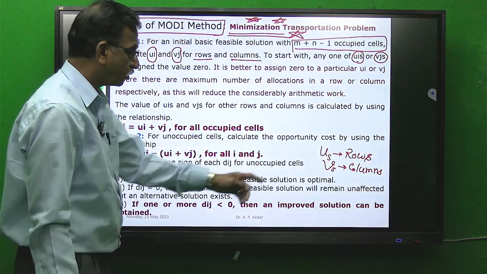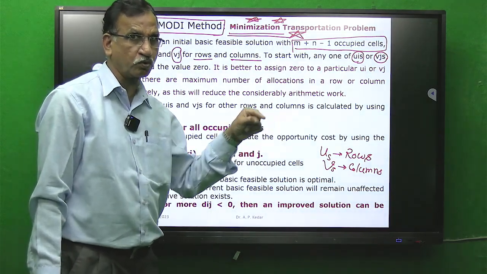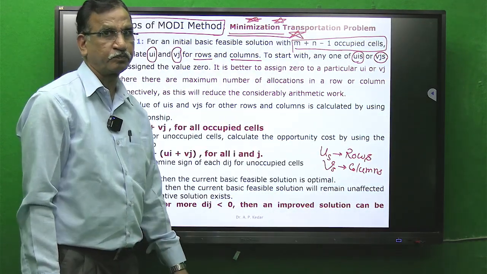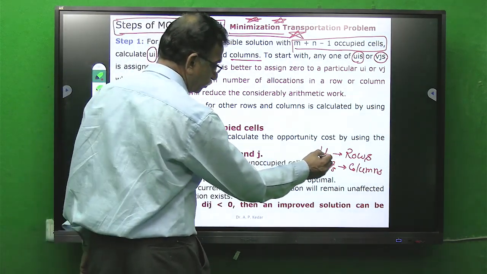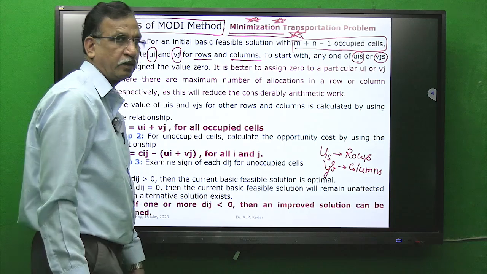Since i goes for row, and vj goes for column, I can write here ui's and vj's.